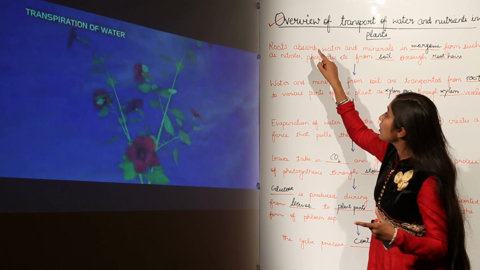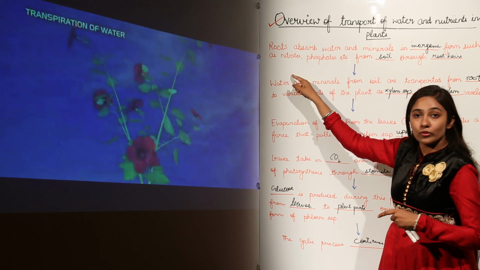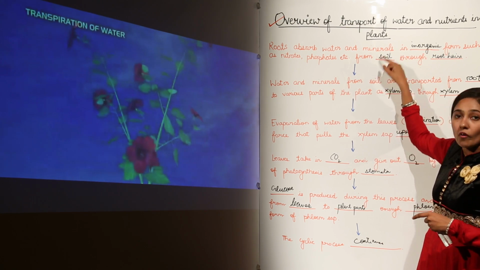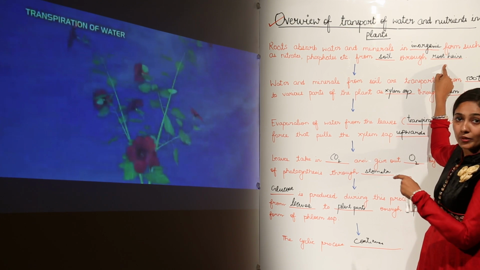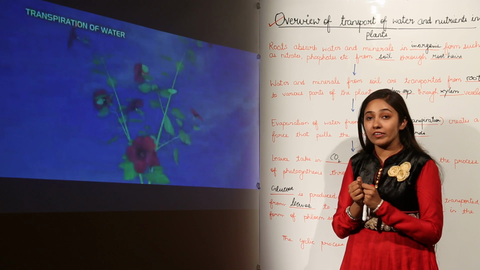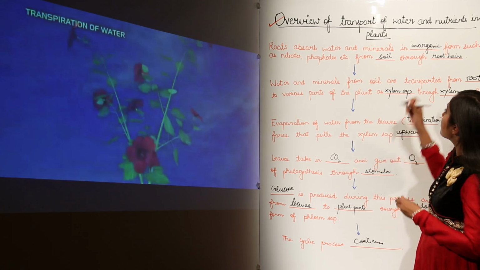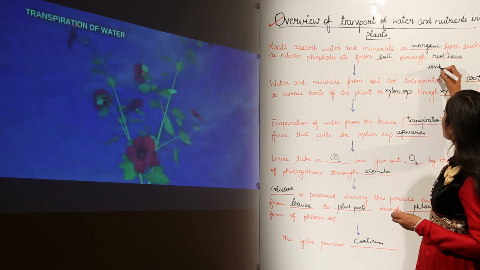So roots absorb water and minerals in inorganic form such as nitrates, phosphates, etc. from soil through root hairs. Okay. And remember the process by which root hairs absorb water initially, the first process, that process is what? That process is imbibition. It is imbibition. Okay.